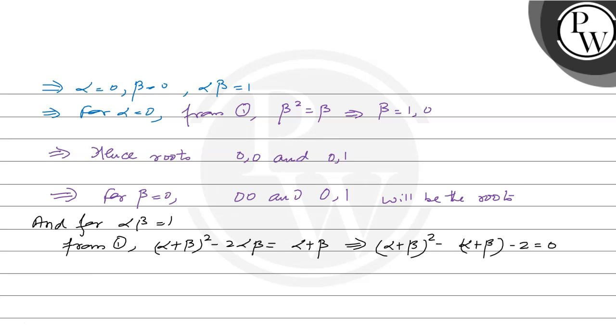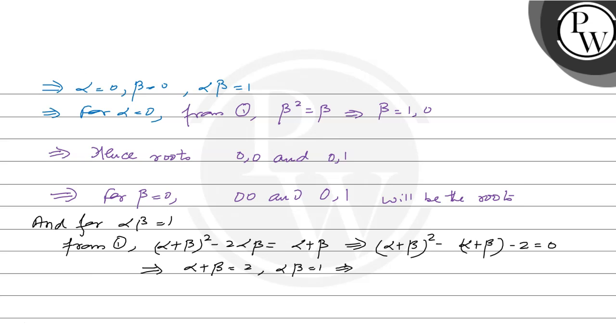So now put the alpha plus beta. If I am putting alpha plus beta as 2 and alpha beta equal to 1, what will you get?